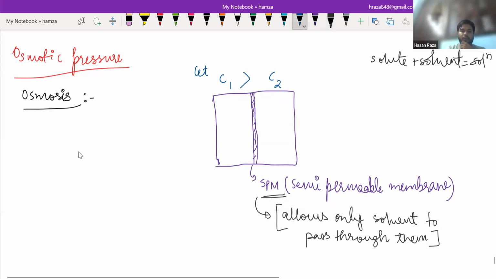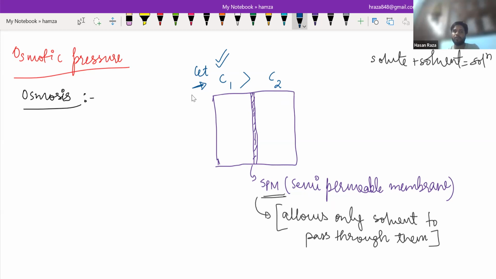And if concentration on the left hand side is greater than concentration on the right hand side, that means solute in the left chamber is greater than solute in the right chamber.